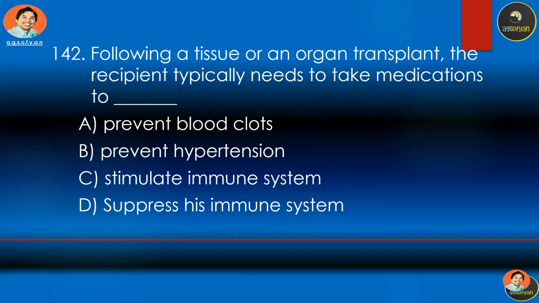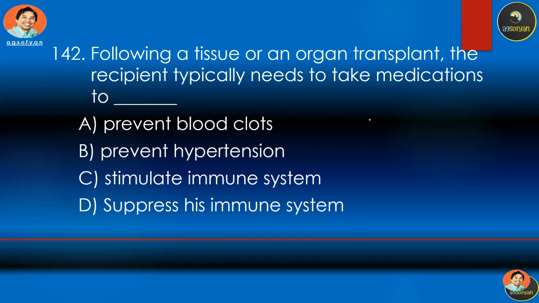Following a tissue or an organ transplant, the recipient typically needs to take medication to blank. Okay, remember when we get the transplantation or graft, for example organ transplantation or skin graft, there will be rejection.